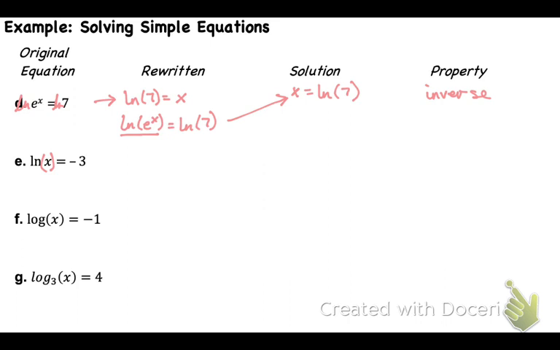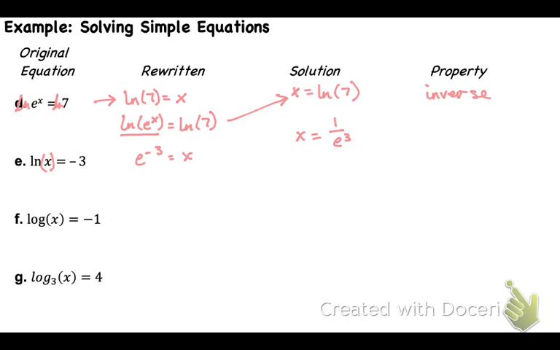What's my base? E, because it's natural log. So e to the negative third equals x. So my answer is x equals... I can't leave it a negative exponent. 1 over e to the third.